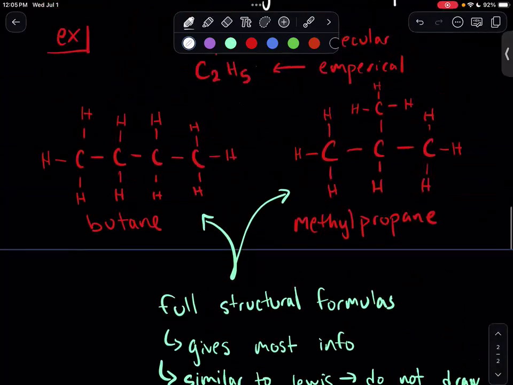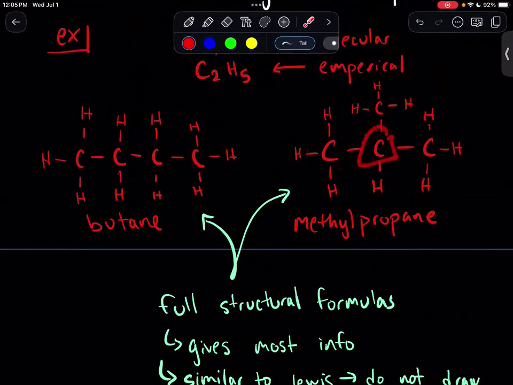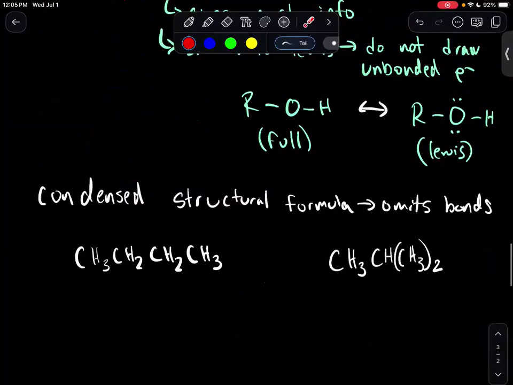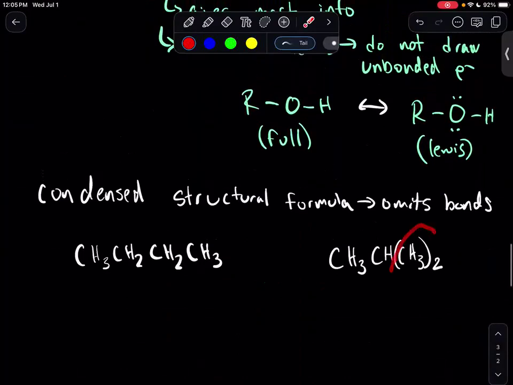And that tells me I have CH3, CH, and then 2 CH3s attached to that. So we can write this in various ways, these parentheses indicating that both of these are their own individual ones attached to that carbon. So the condensed structural formula helps us write things out a little bit faster.